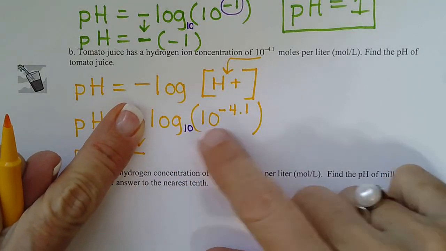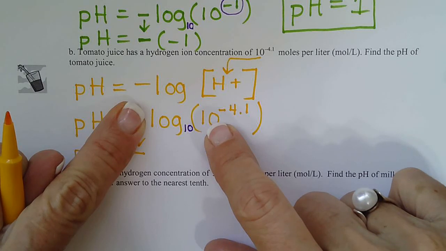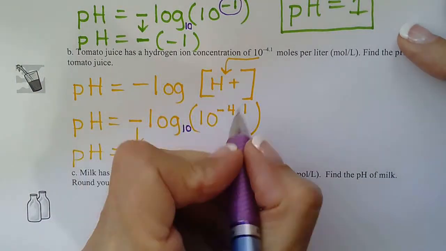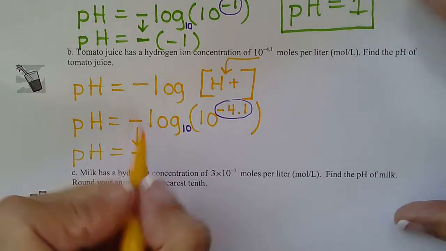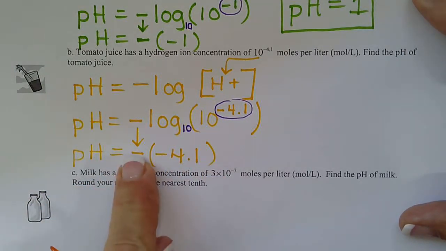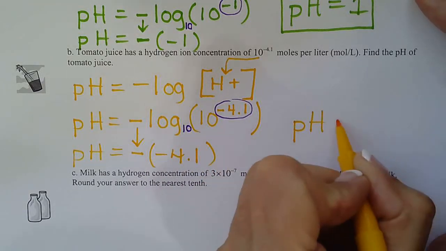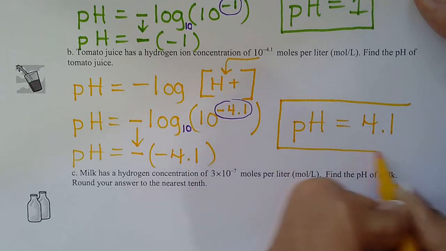When the bases are the same, the base of the log is the same as the base of the exponent, the answer is the exponent. So bring down negative 4.1. So the opposite of negative 4.1 would be a pH of positive 4.1. So yes, tomato juice is acidic.